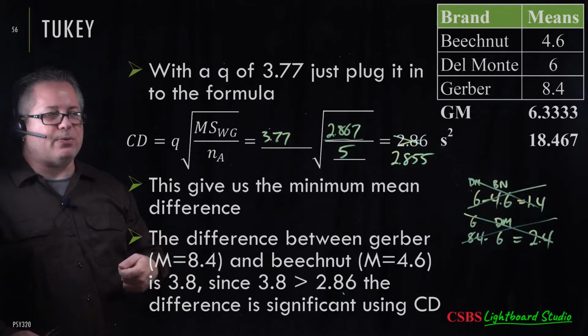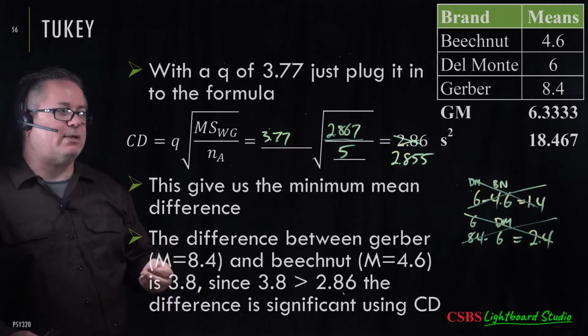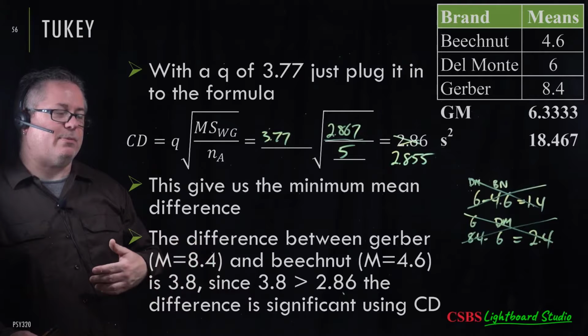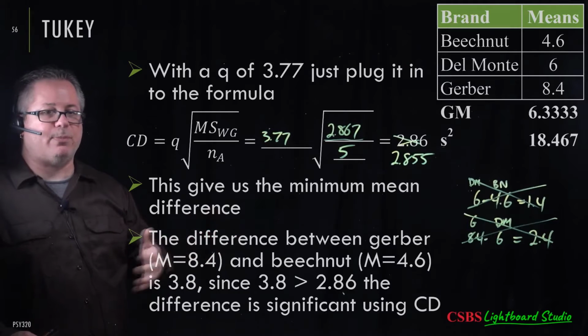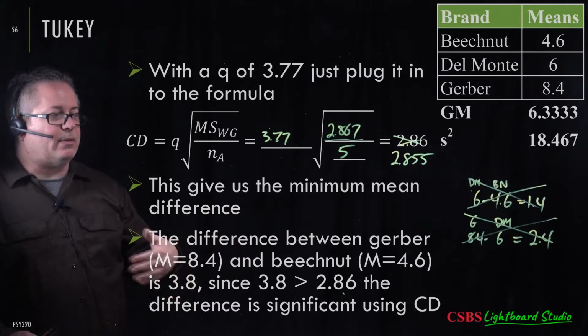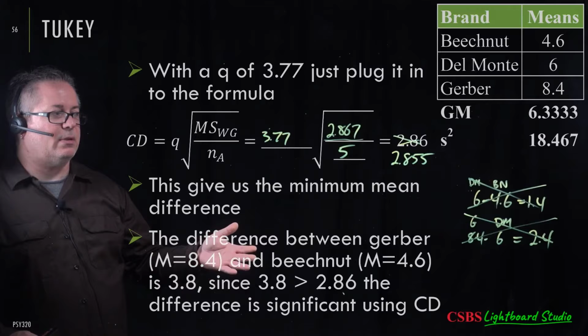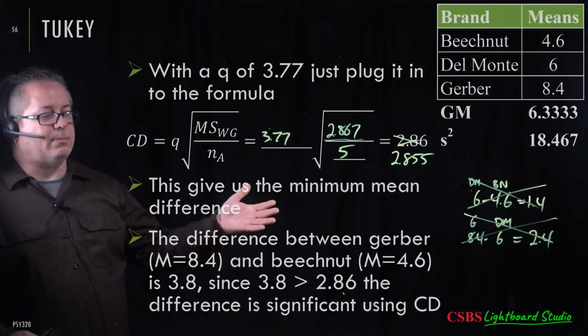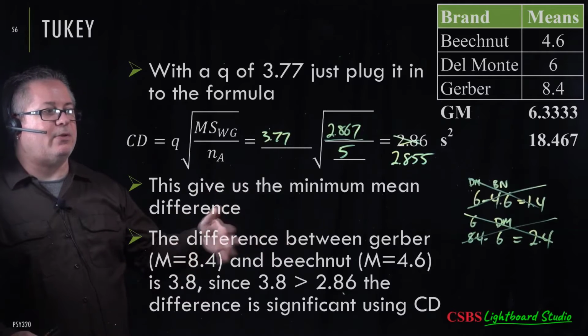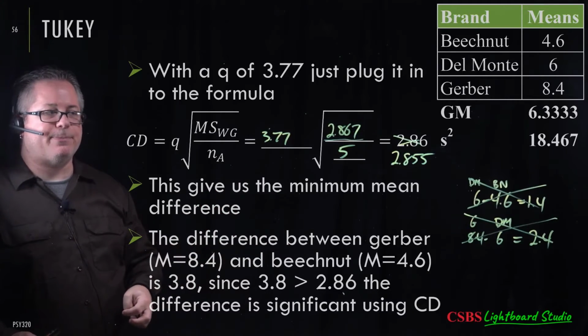I don't know that they prefer Gerber significantly over Del Monte, or Del Monte significantly over Beechnut. The only thing I can conclude is that the babies did not prefer the baby foods the same. They're not equal, but the main difference seems to be that babies prefer Gerber over Beechnut, and any other differences are sort of inconclusive.